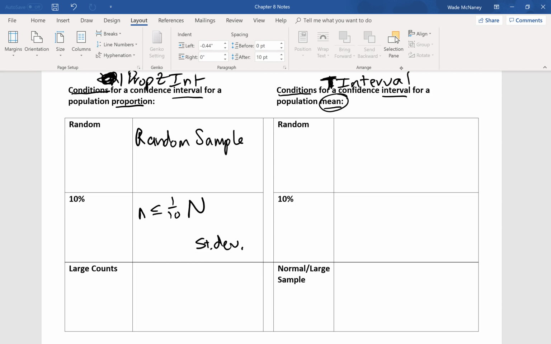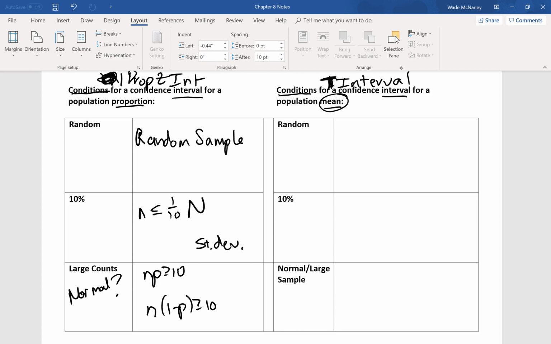And finally, large counts. We have to make sure that it's a normal distribution. We're checking to see if it's a normal distribution. The large counts condition for a proportion, again, was that n p has to be greater than or equal to 10, and n times 1 minus p has to be greater than or equal to 10.